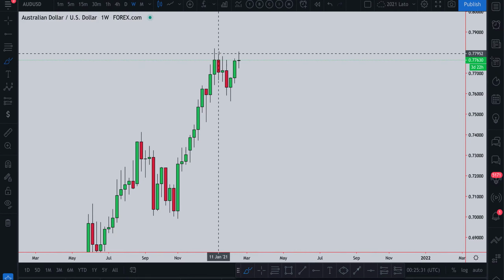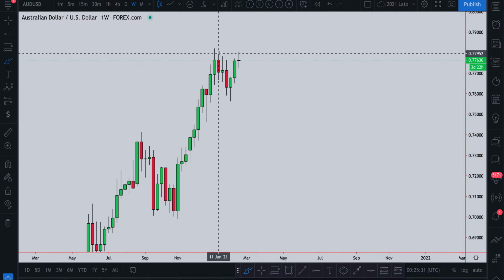But the previous high, which is this one, has already been broken by that green candle. So it looks like it has already found a strong support over there, and the market can still make a movement towards the upside, and it can make a new higher high.